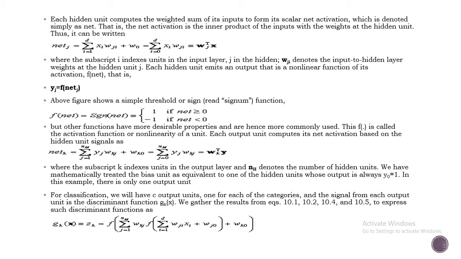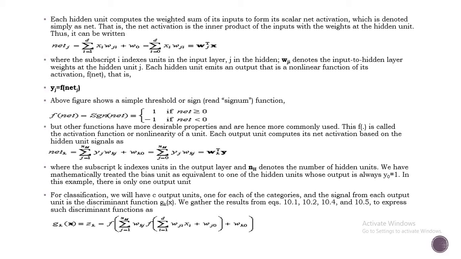Each hidden unit computes a weighted sum of its inputs to form its scalar net activation, which is denoted simply as net. That is, the net activation is the inner product of the inputs with the weights at the hidden unit. Thus it can be written as net_j equals the summation from i=1 to d of xi wji plus wj0. Here w represents the weights of the inputs.